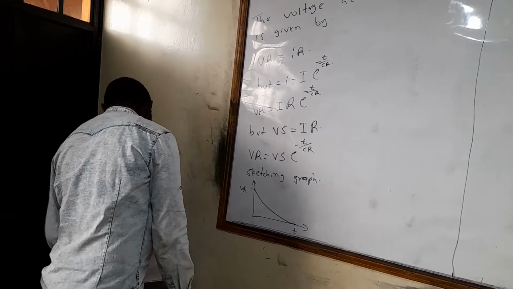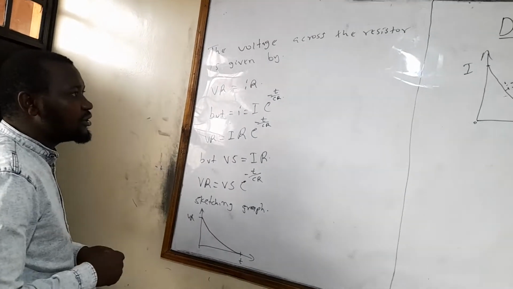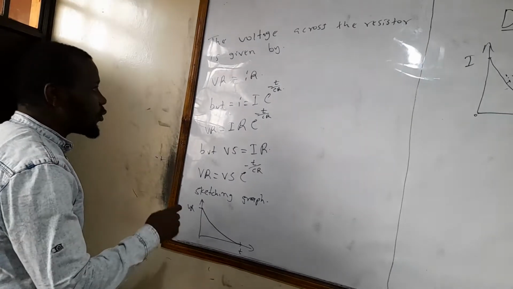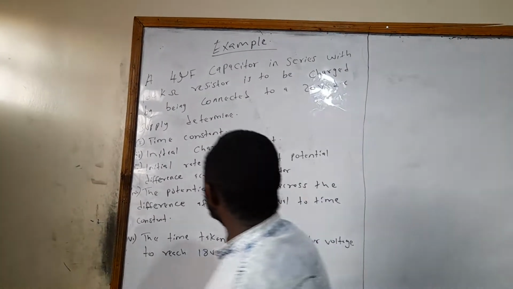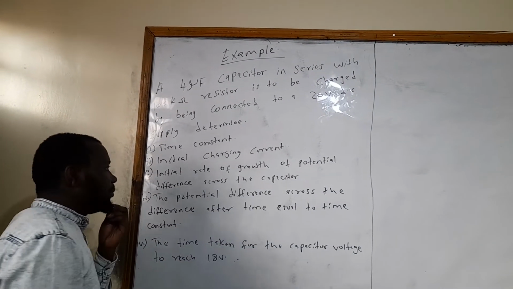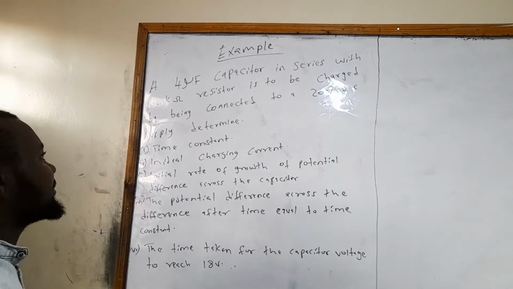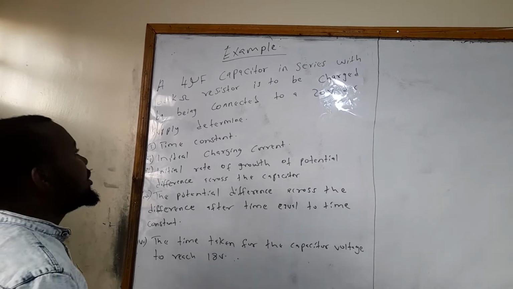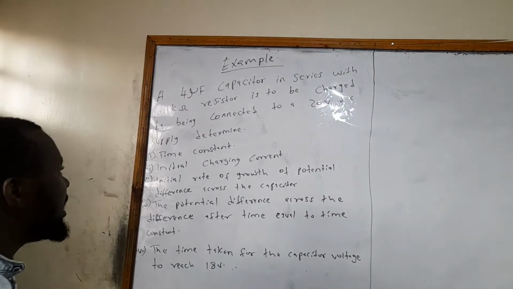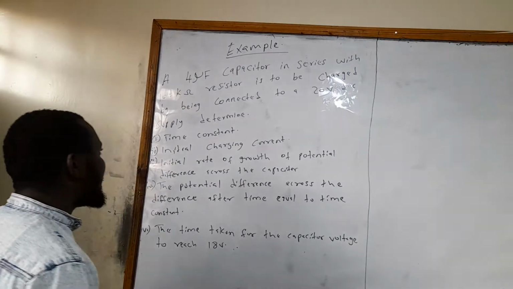Let's solve just one question. This is our first example. A 4 microfarad capacitor in series with a 100 kilo ohm resistor is to be charged by being connected to a 20 VDC supply.